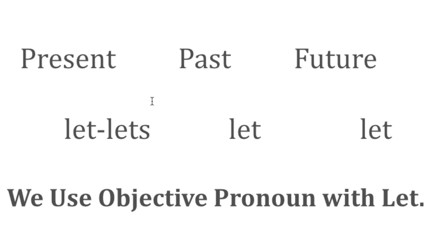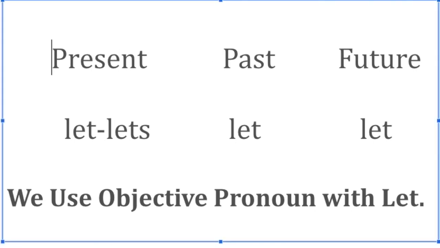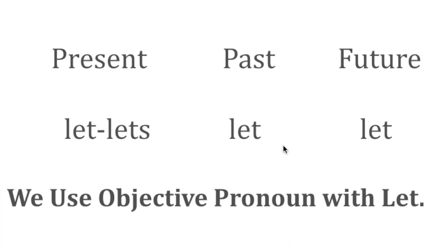Depending on the subject, that's how we mention it. Now the past form is again "let", and the future tense form, again there's no change, "let". So all three forms of this verb are the same, and we use an objective pronoun with the verb "let".